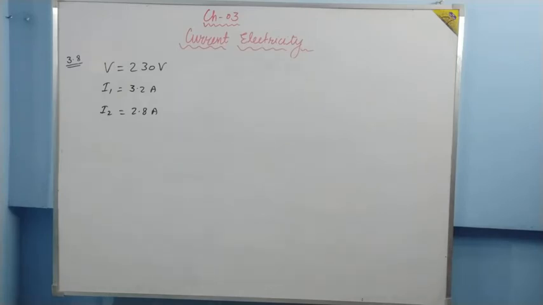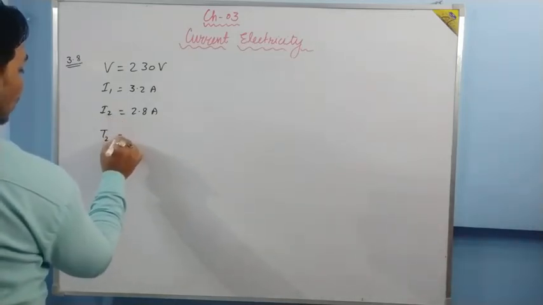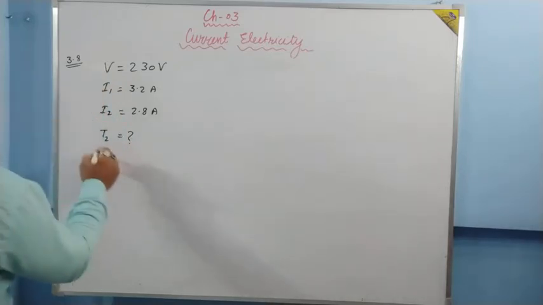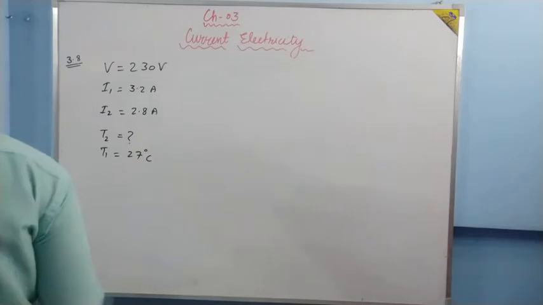Current decreases. What is the steady temperature of the heating element? If the room temperature is 27 degrees Celsius. Earlier the wire is kept in the room, so basically it was at room temperature. T1 is equal to 27 degrees Celsius.